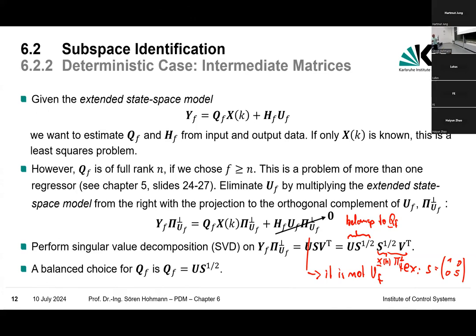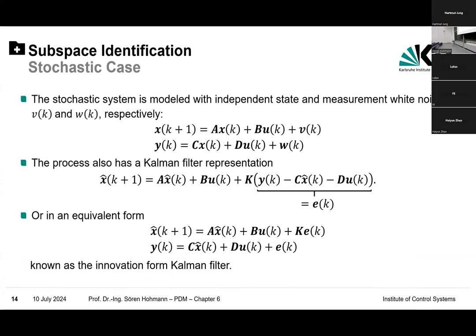Well, second procedure for identifying a system. Now we get a state space system out of it. I added also a subspace identification case with stochastics. I don't want to go into details here.